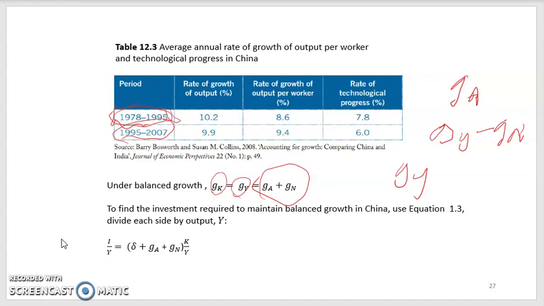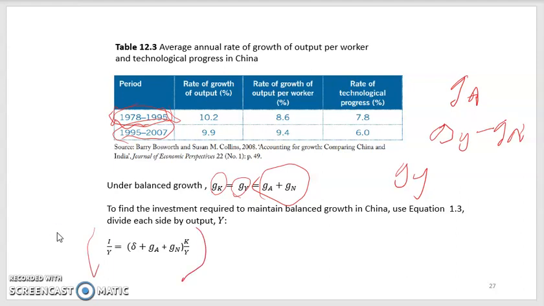So to see what investment rate would be required if China had balanced growth, we go back to equation 12.3 and divide both sides by Y, as we have shown here.